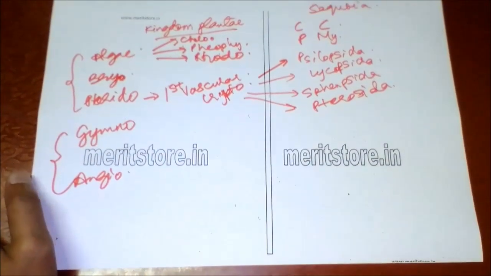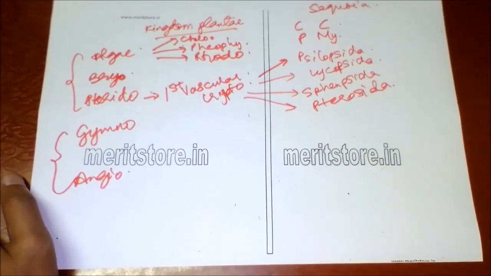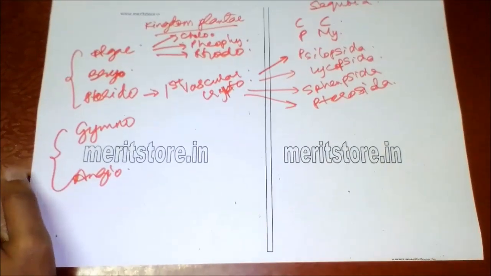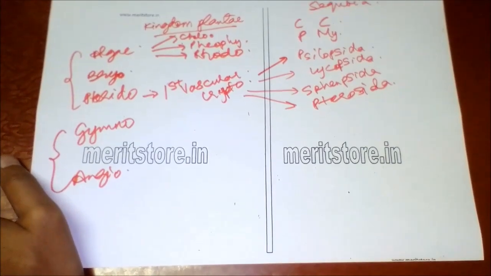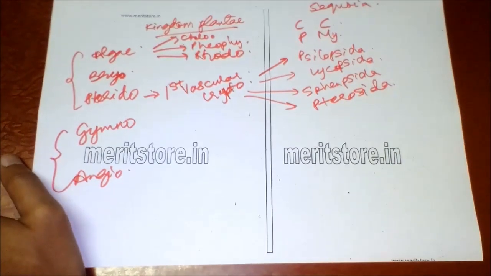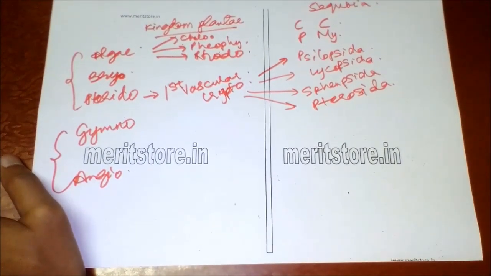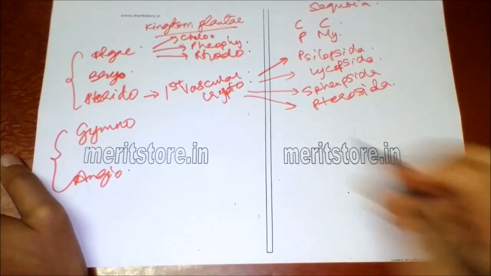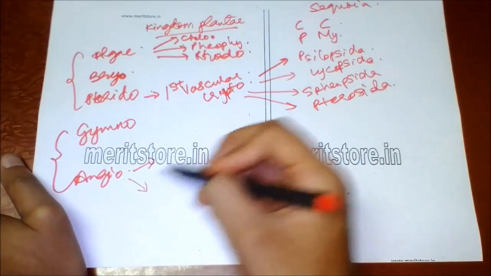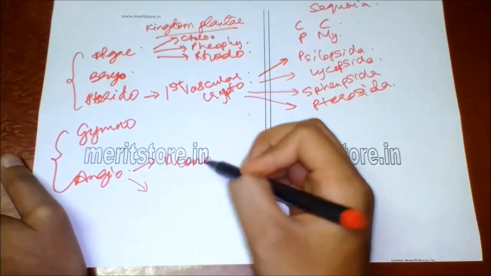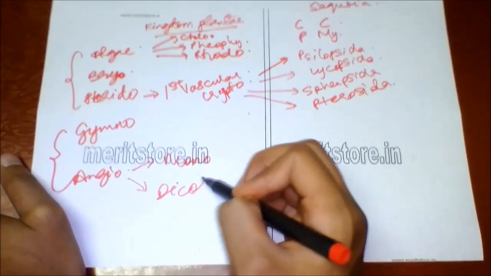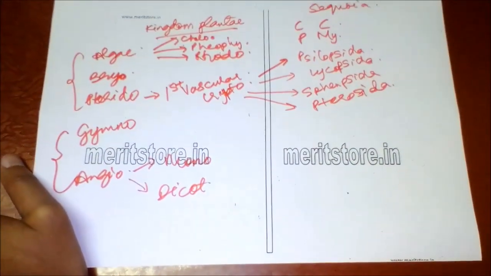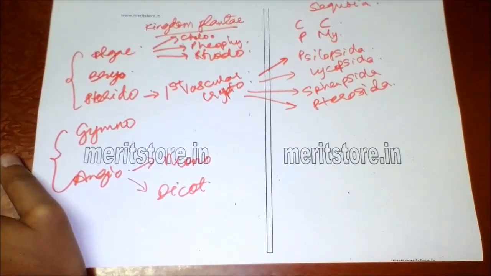Then comes the angiosperm, which is the flowering plant. They can range from small size to a large tree, from Wolffia, which is tiny and almost microscopic, to eucalyptus, which is large. They are further classified into monocotyledons and dicots, which have a single cotyledon and two cotyledons. So these are important.